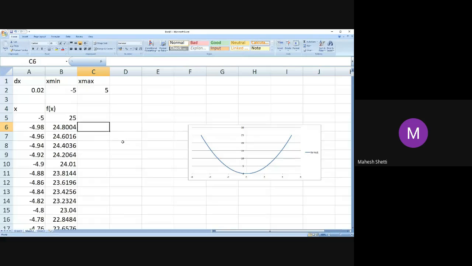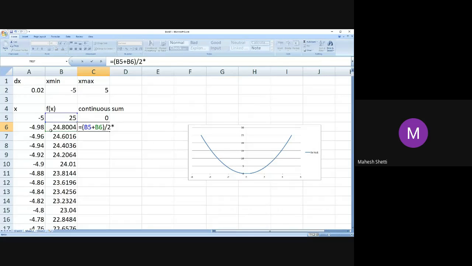Suppose I go on adding, what is integration? Integration is nothing but area under the curve. So if I go on adding, okay, continuous summation, I take the very first interval, the sum is not there, so 0. And then I'm going to add the average of these two, this plus this divided by 2 multiplied by the interval.